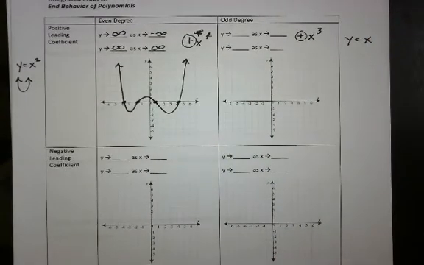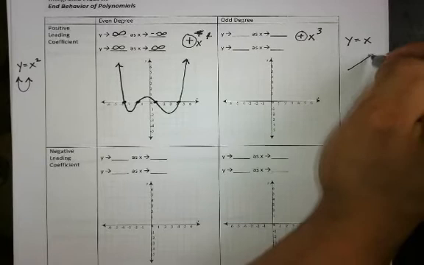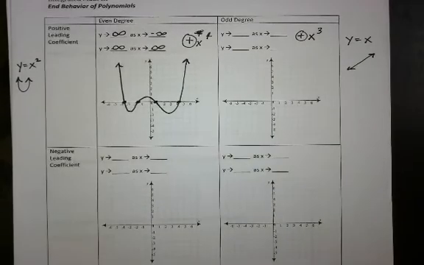So now the general equation that matches this is y equals x. And what kind of graph does y equals x mean? Very good. It's going to be a positive linear graph.